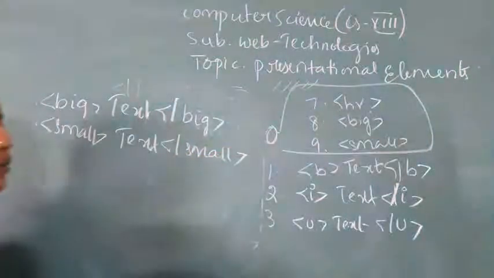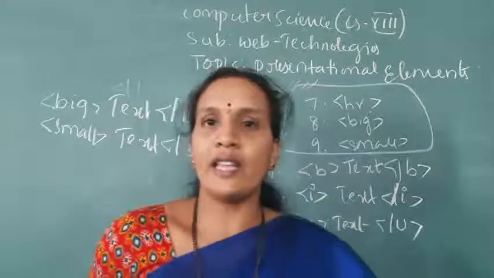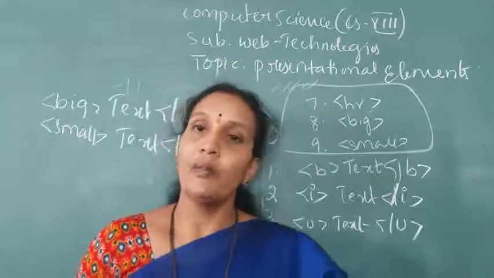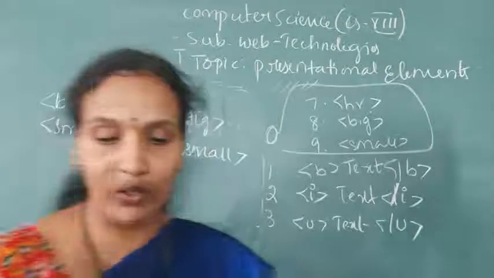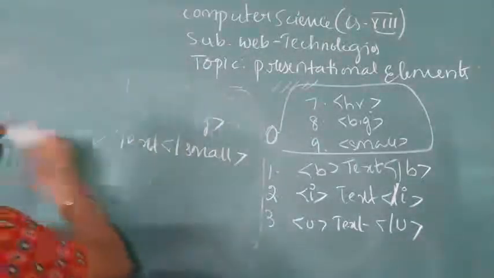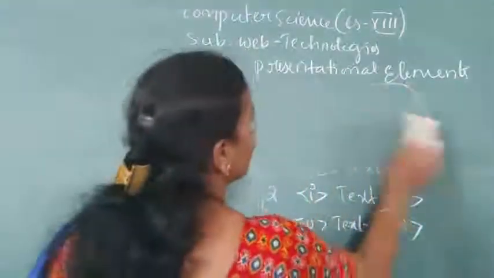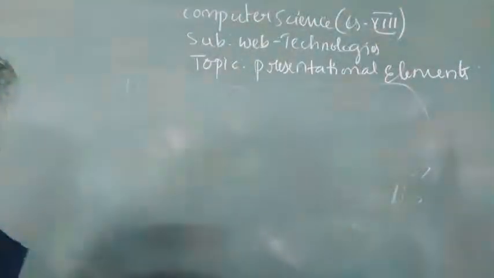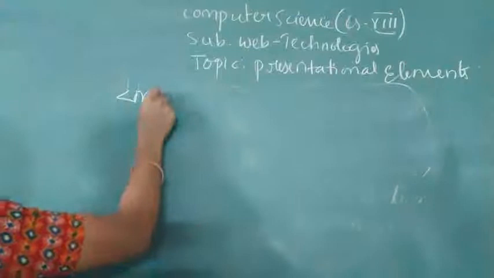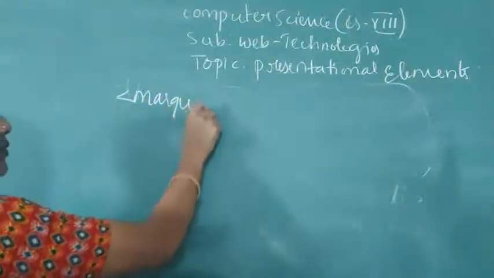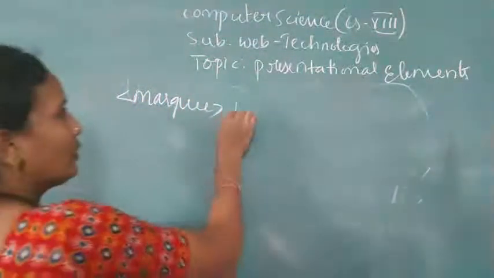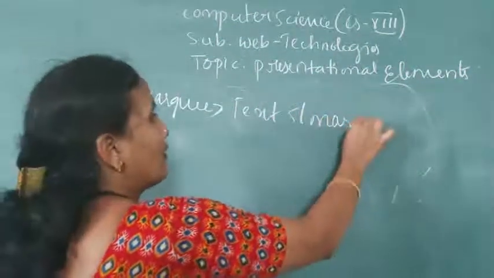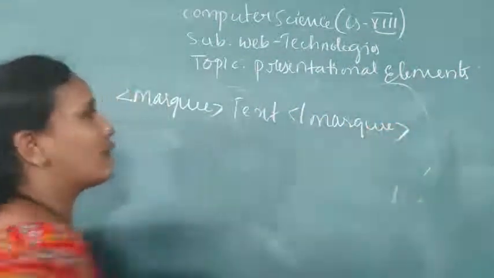Here I have given only a few tags which change the presentation of HTML elements. But you have more tags, like the marquee tag. Marquee. What is the marquee tag?